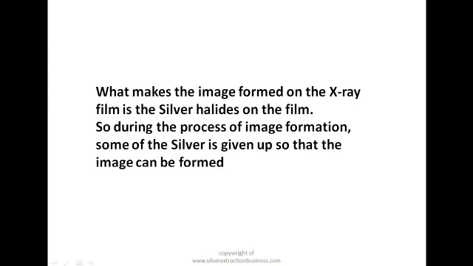During the process of image formation, some of the silver is given up so that the image can be formed. So wherever an image forms, know that silver was present there before and there's no more silver there, and that's why the image can actually form.